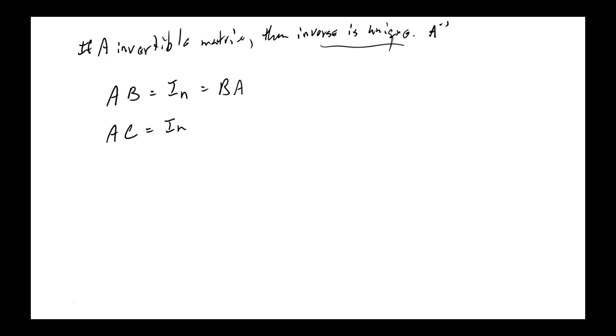Well, if that's the case, then that's equal to C times A. Because if there is another inverse for A, call it C, we're assuming that C is not the same as B. Okay? Now, how do we show that those are equal? Okay?